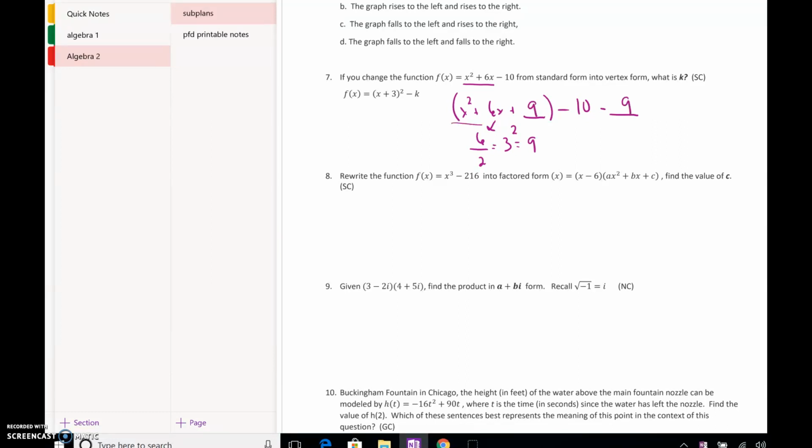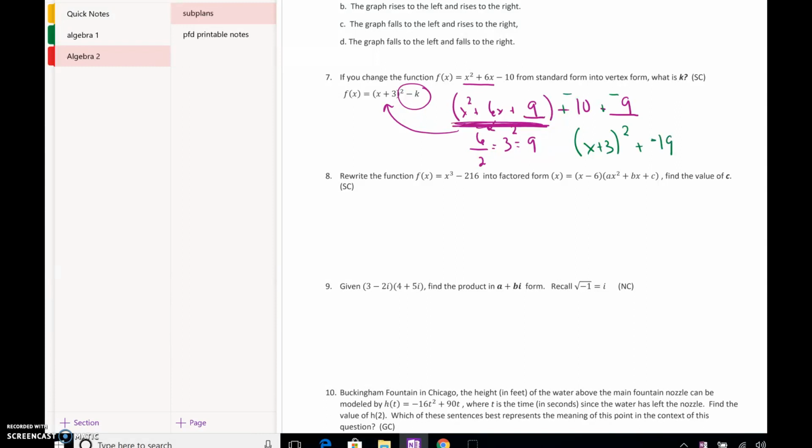And then what happens here is this set of parentheses becomes x plus 3 squared. So what we have to do is figure out what this k is worth. It's minus some amount. So if I just go through real quick to the problem and add the opposite, this becomes x plus 3 squared and then plus -19.